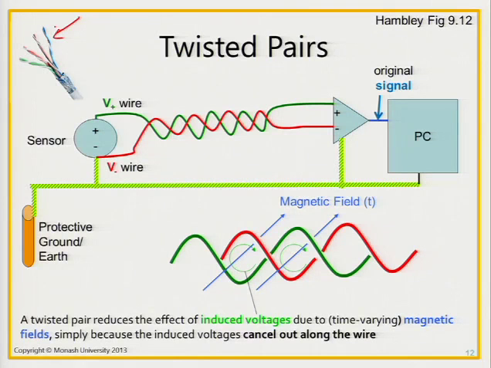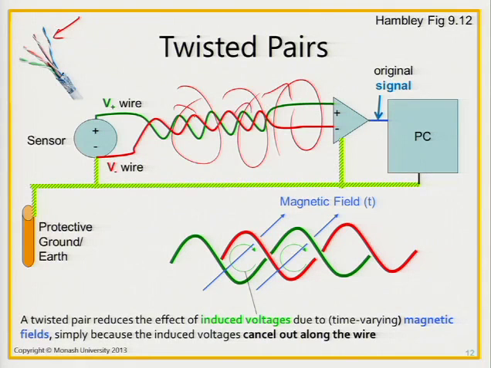So what this does is, you carry your signal across the 2 wires, that's fine, but as you twist them together, this helps to reduce what we call magnetic coupling. So if you've got some magnetic field, magnetic fields, as you know from physics, are often represented as concentric fields.